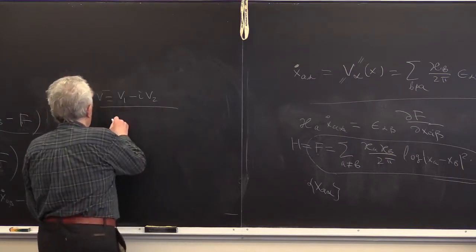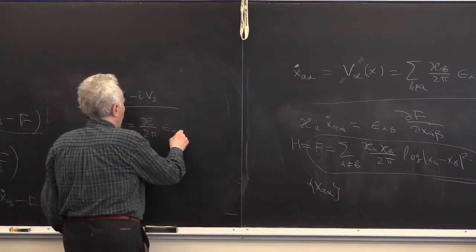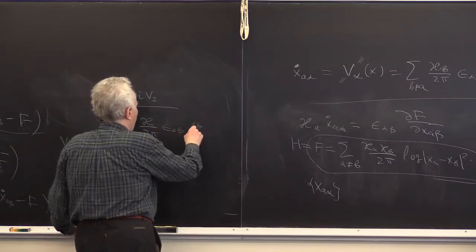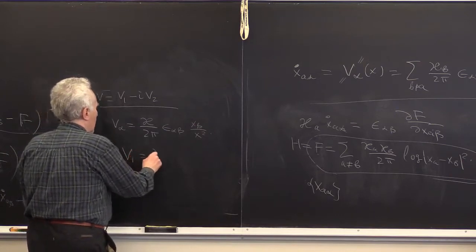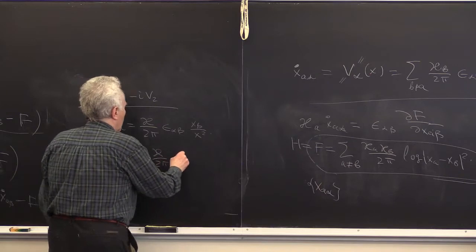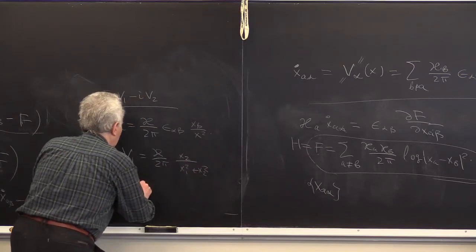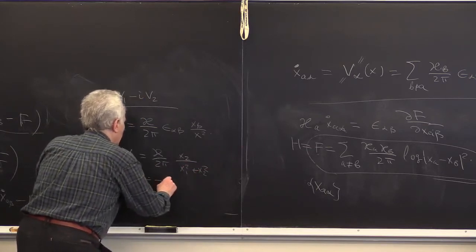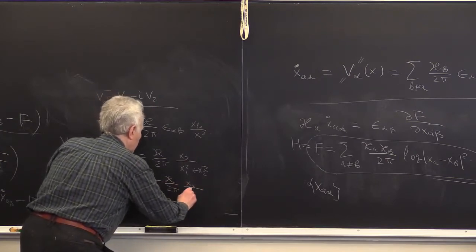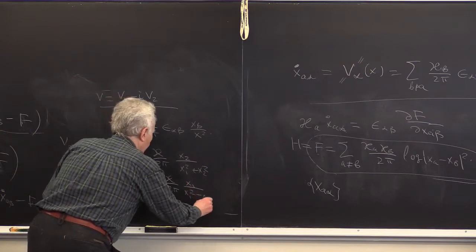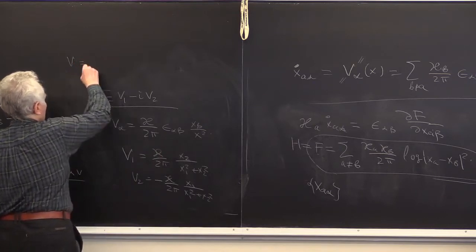And let's compare it with our vector notations. You see that V1 is kappa divided by 2 pi x2. V2 is minus kappa divided by 2 pi x1. Now let's form the complex velocity.